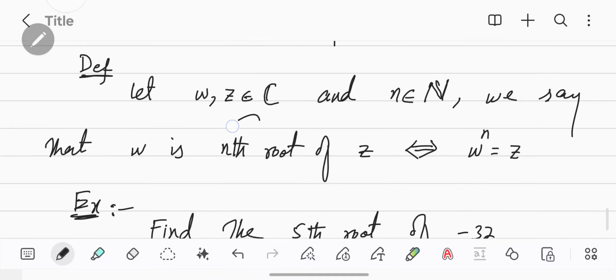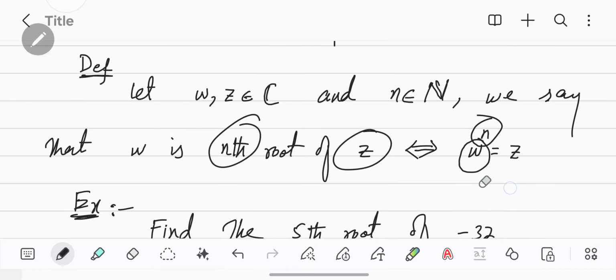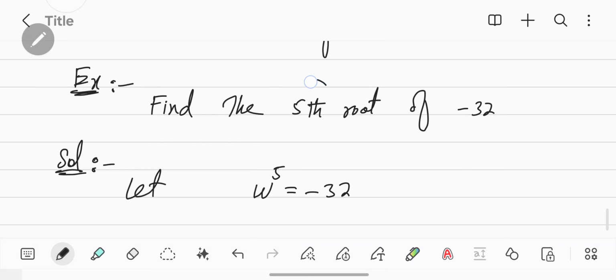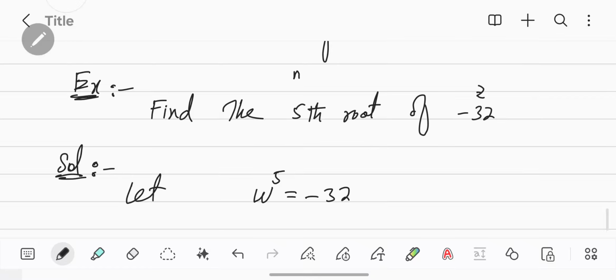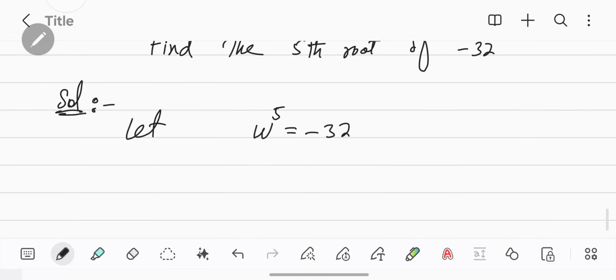Here this corresponds to Z and this corresponds to n, and W is missing. We don't know W, but we have to find W here.